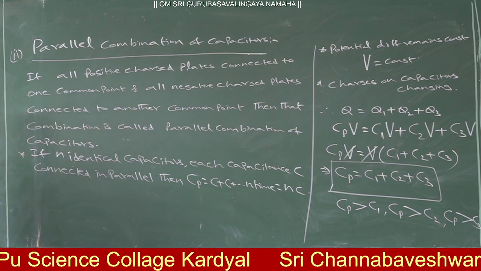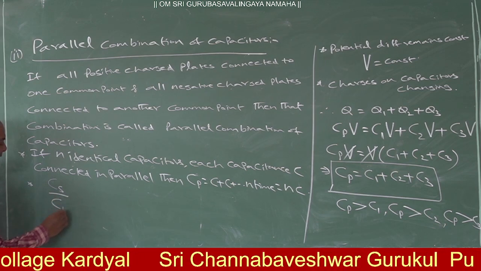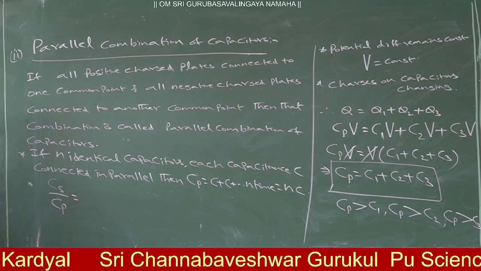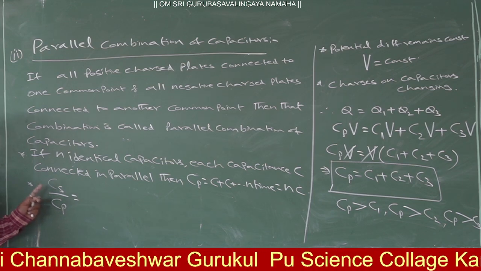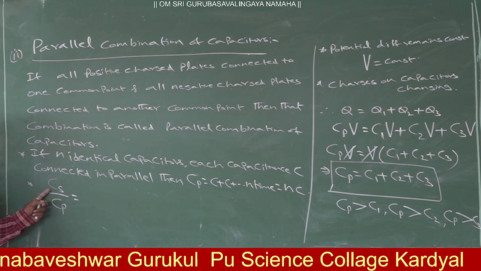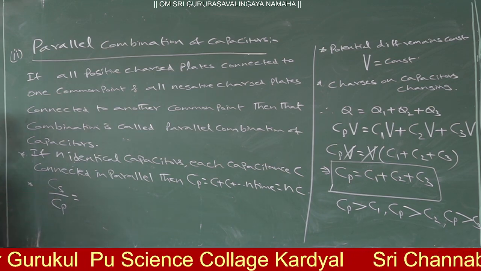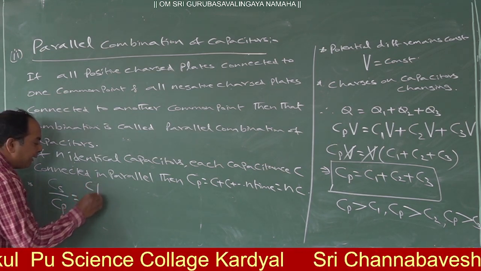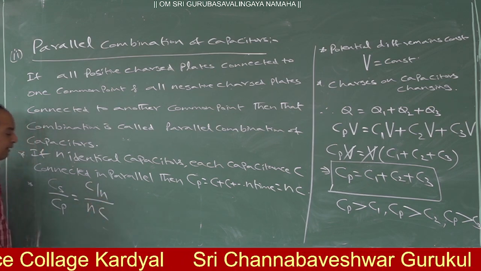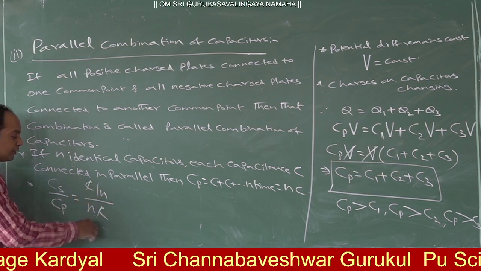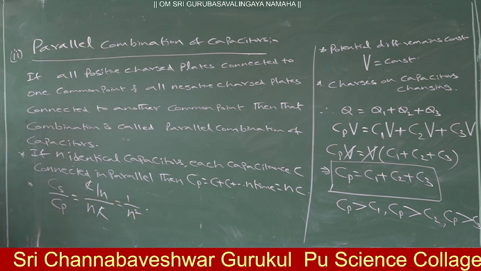Suppose I want to find Cs by Cp, the ratio between the effective capacitance in series combination and parallel combination. Cs is C by N, divided by Cp, which is N into C. C cancels, so that is equal to 1 by N square.